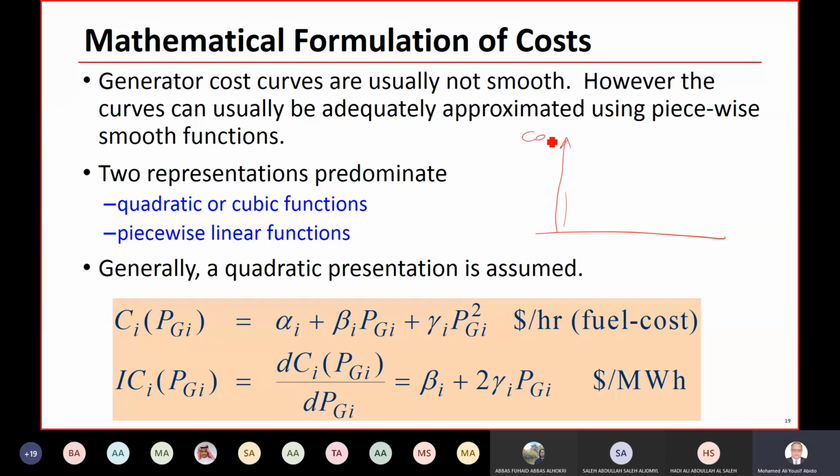This is the cost, dollar per hour, versus the power. You can have linear, quadratic, or discontinuous. Even if you have a continuous parabolic or quadratic function, you may have such a curve.